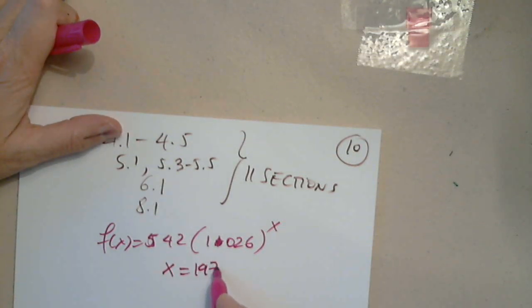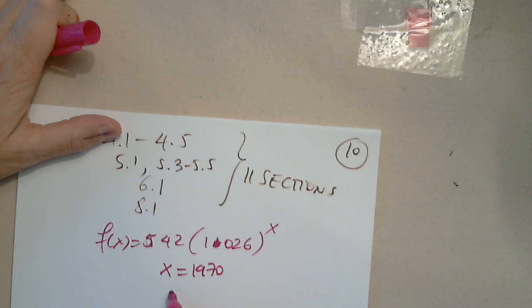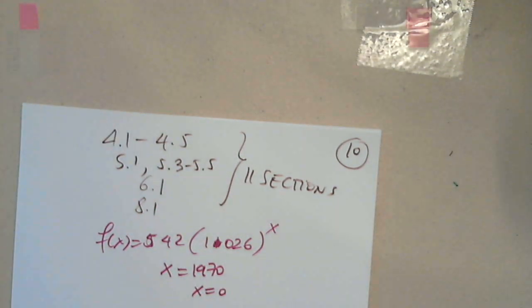So x equals 0 represents 1970. And it says do A through E, and then A is find the country's population in 1970.